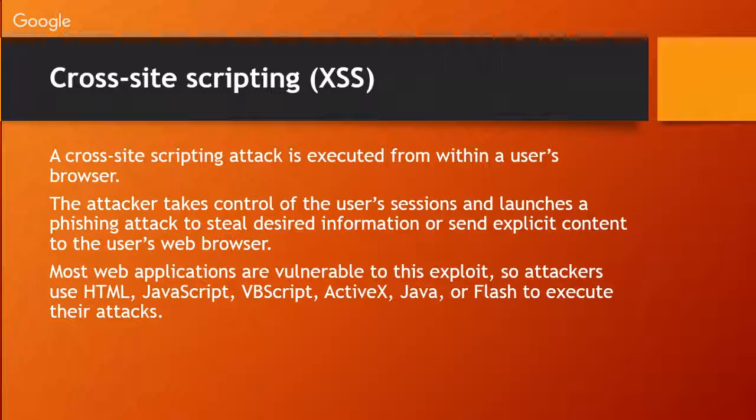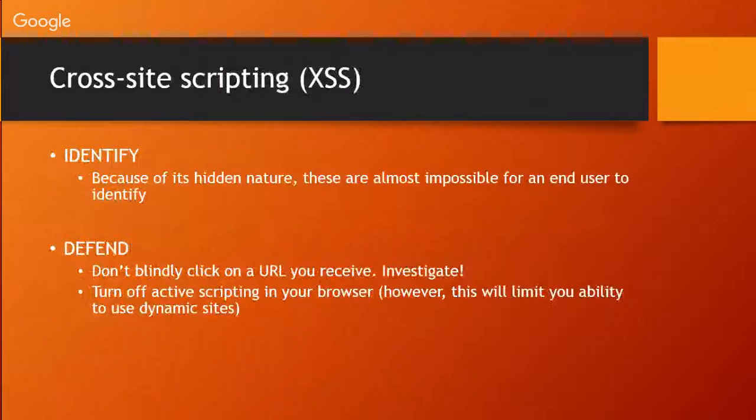Most web applications are vulnerable to this exploit, so attackers use HTML, JavaScript, VBScript, ActiveX, Java, or Flash to execute their attacks. Identify: because of this hidden nature, these are almost impossible for an end user to identify.